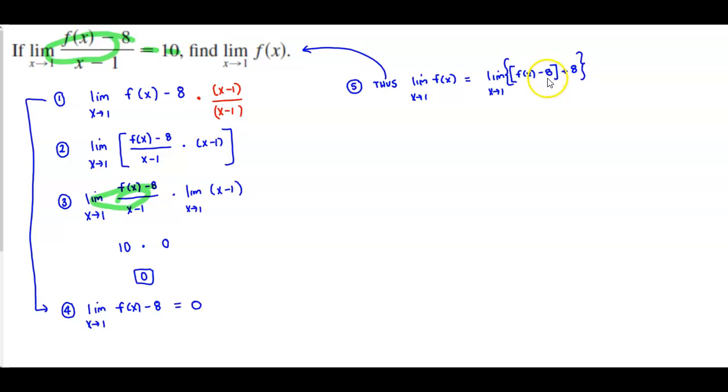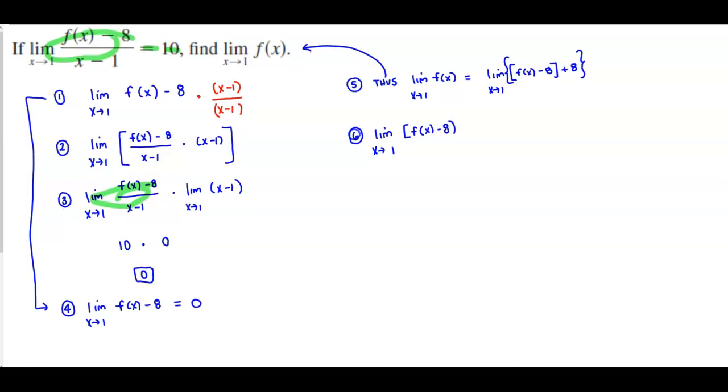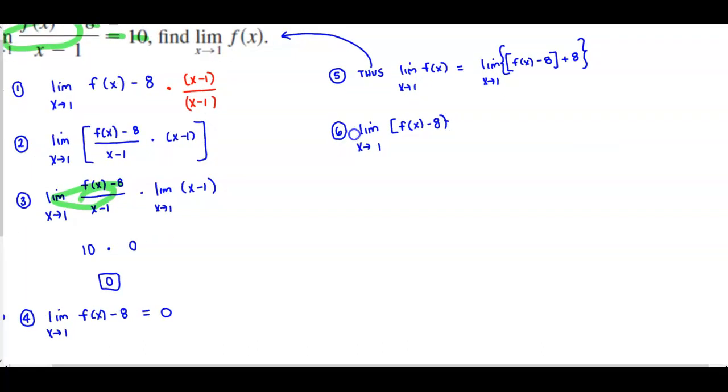Now again, we can do that because technically we're adding 0 to f of x, because negative 8 plus 8 is 0. So now we can distribute the limit as x is approaching 1 of f of x minus 8, and then plus the limit as x is approaching 1 of 8.